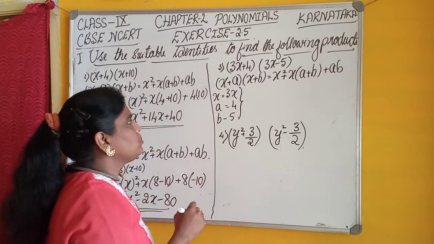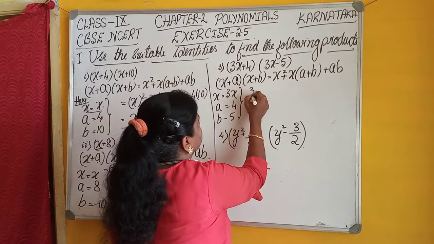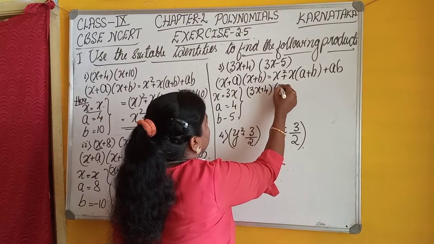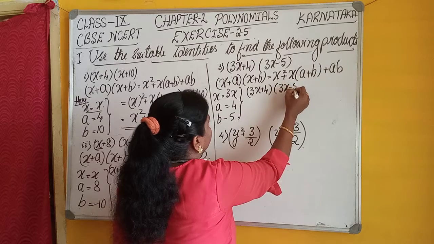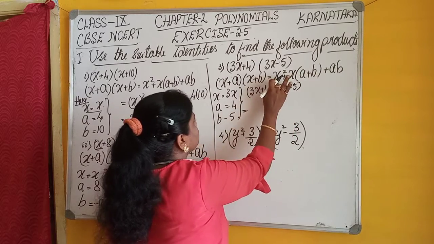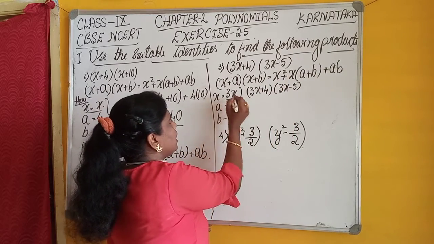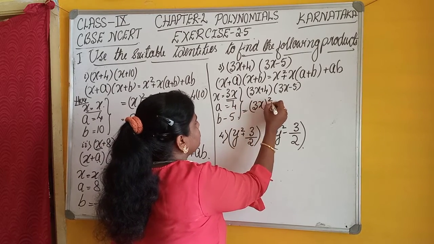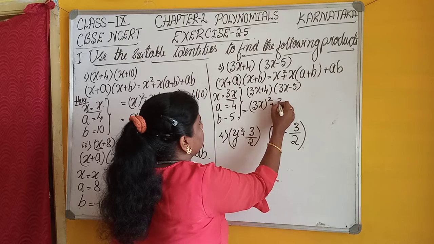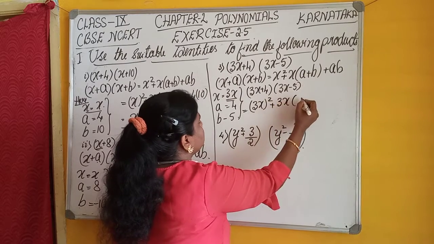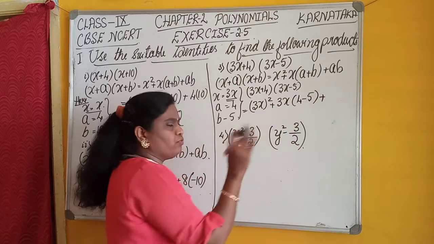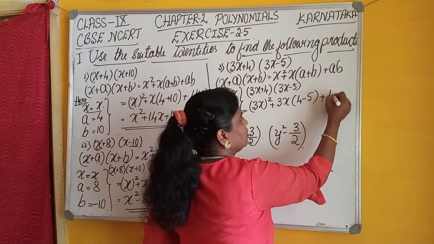Substituting these values, 3x plus 4 into 3x minus 5 is equal to (3x) whole square plus 3x into (4 minus 5) plus 4 into minus 5.